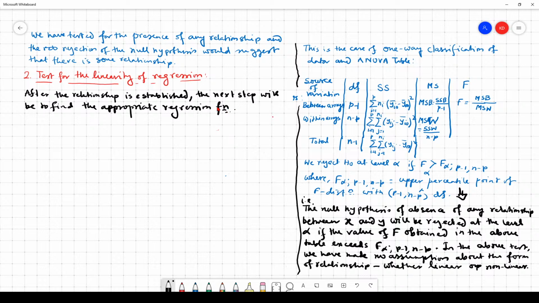So first we try to find out the simplest function, that is linear regression, which fits the observed data.